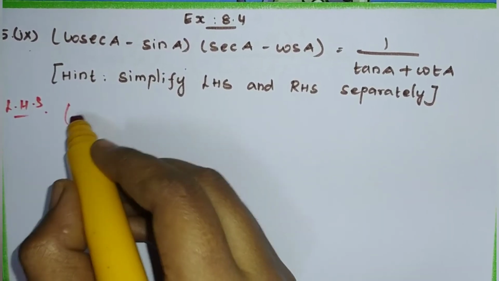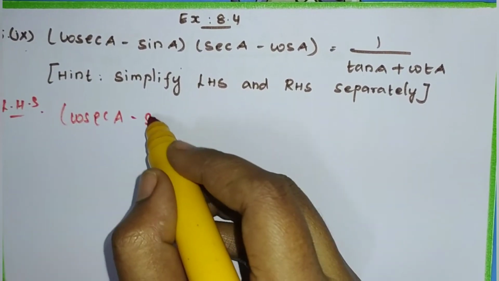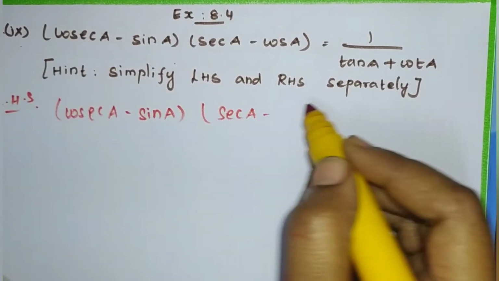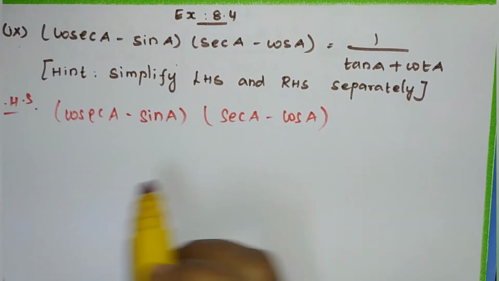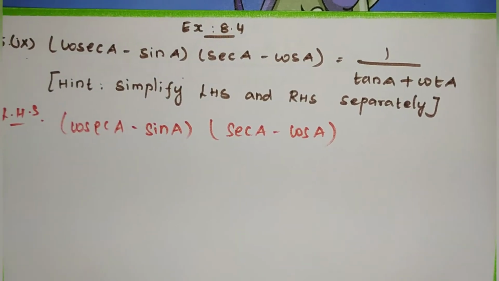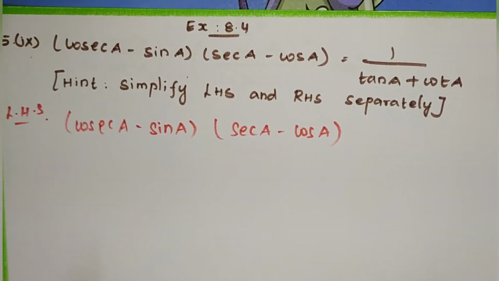LHS: (cosec A minus sin A)(sec A minus cos A). Here we don't have any square, so we can't apply any trigonometric identity, but we can simplify that.